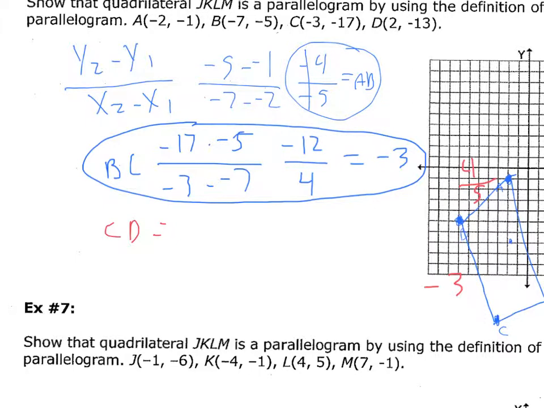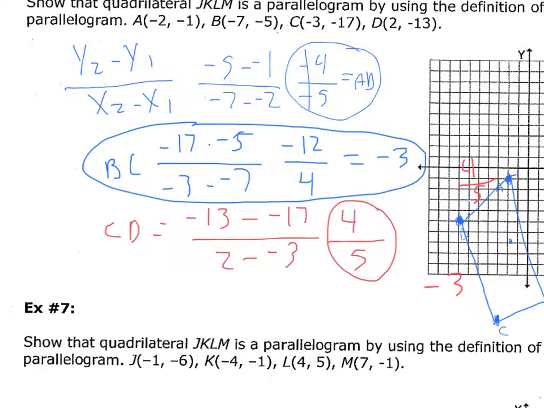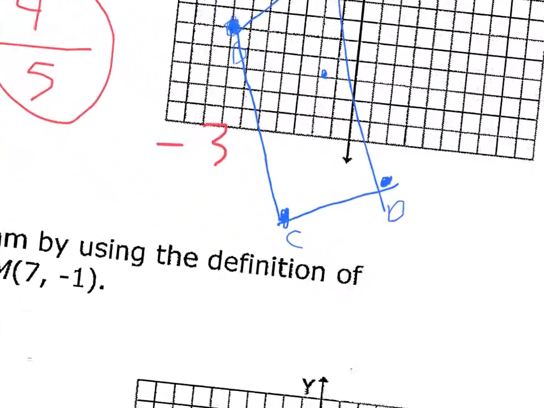Remember we're using y2 minus y1 over x2 minus x1, so you're going to be doing negative 13 minus negative 17 over 2 minus negative 3. Negative 13 minus negative 17 gives us 4, and 2 minus negative 3 gives us 5. So our CD is going to be 4/5.